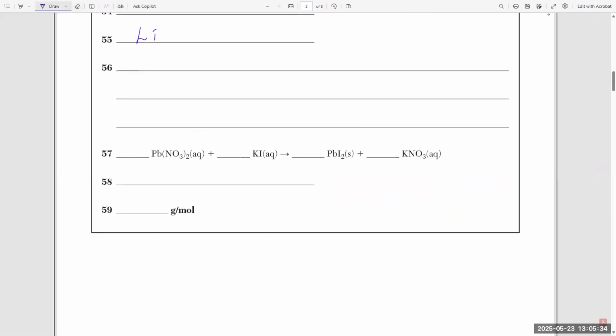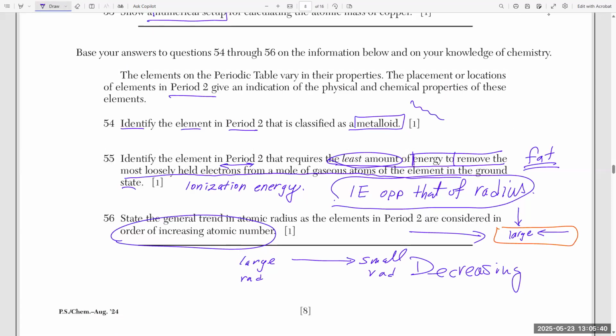It's good practice to start your answer sentence with the actual answer. So what are we looking at? We're looking at the general trend of atomic radius.